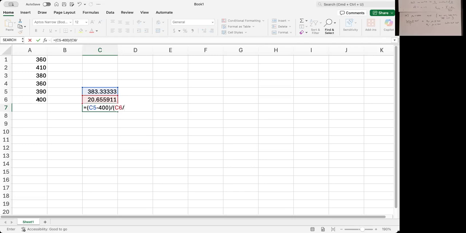Now I can count them, right? But I also have Excel count them. Square root of count my set of data. One, two, third set of parentheses. That's my T value.